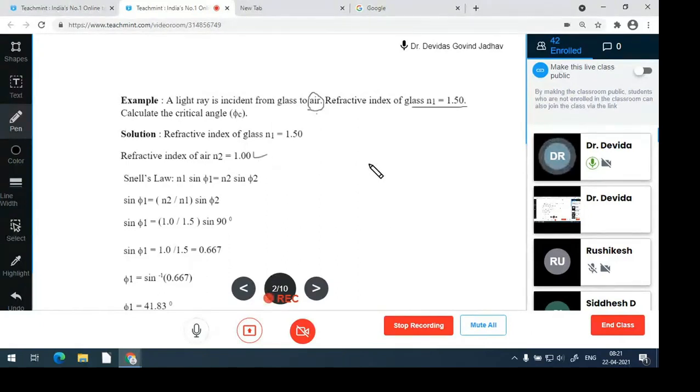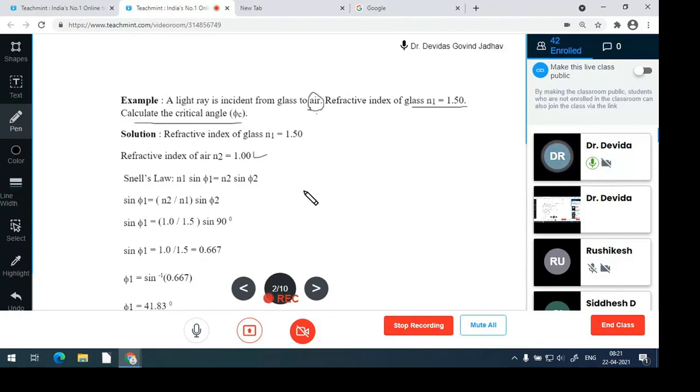So again we use Snell's law to calculate the critical angle. We have to calculate the critical angle phi c. The critical angle is the angle at which refraction takes place and the angle of refraction is 90 degrees.